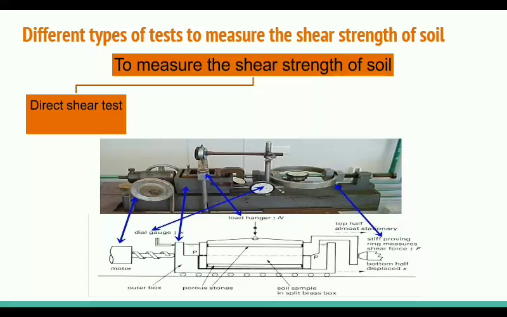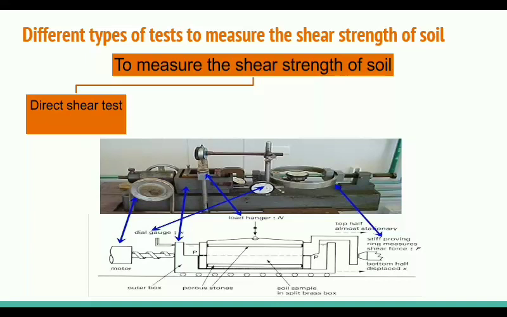You can see there is another dial gauge fixed in the center of the apparatus. That dial gauge reading will give the horizontal or lateral displacement of the soil sample.